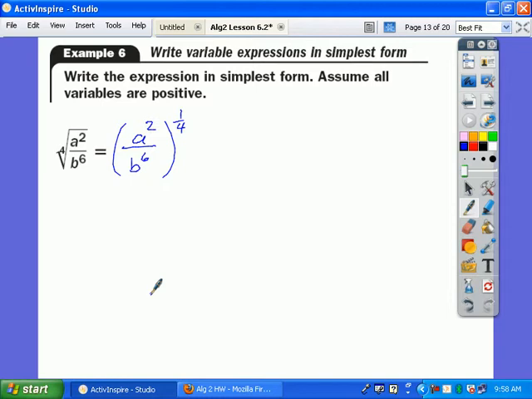So if you hit a wall going with the radical notation, I encourage you to shift to the rational exponent. And so now this 1/4 gets applied, and I get a to the 2/4 power over b to the 6/4 power. Now, of course, 2/4 just simplifies to 1/2. So this is just going to be the square root of a. This is going to be b to the 3/2.